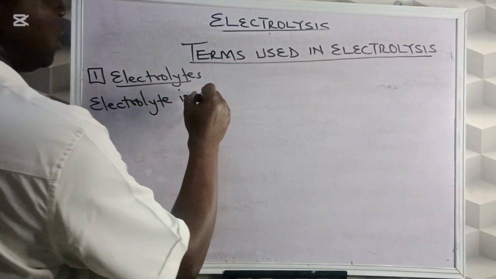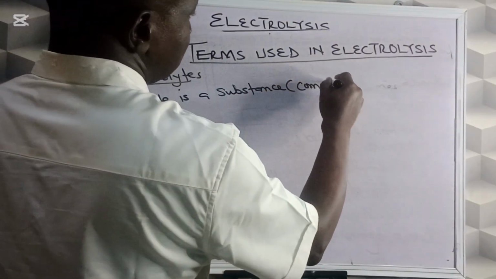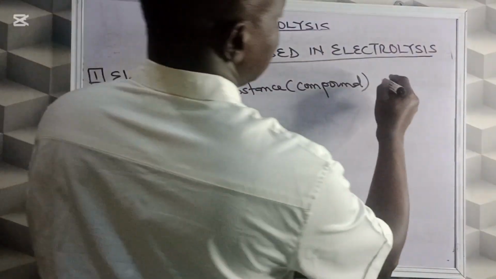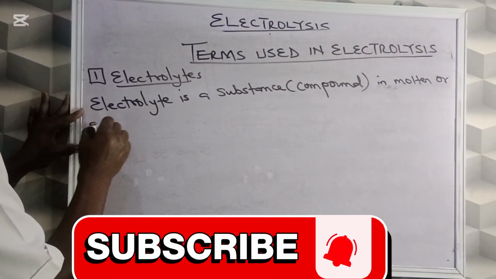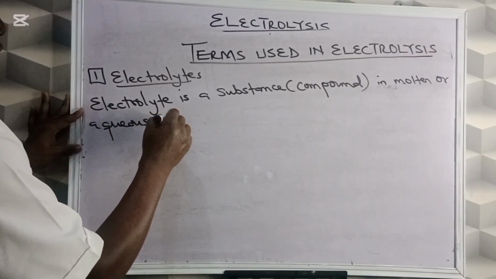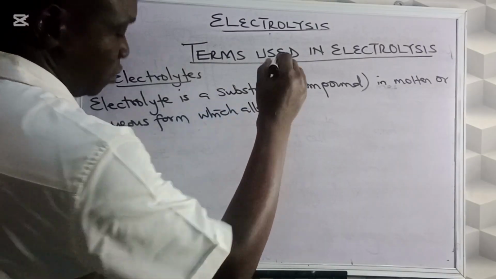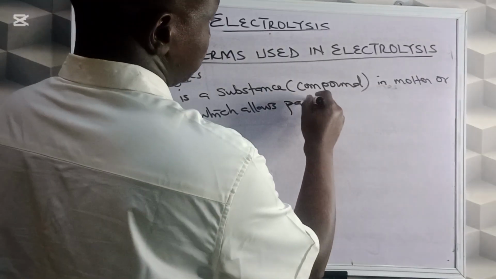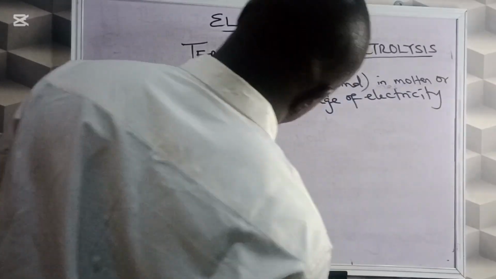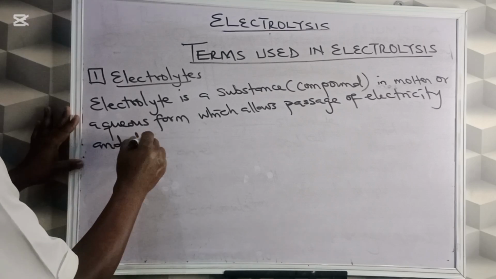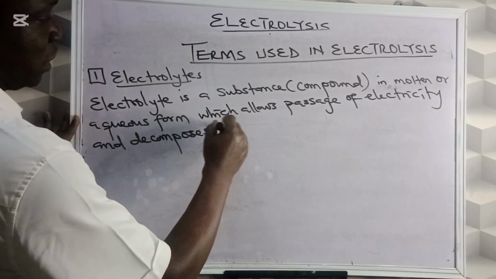An electrolyte is a substance, usually a compound in molten or aqueous form, in solution form, which allows passage of electricity and decomposes in it, meaning it ionizes and decomposes in it.